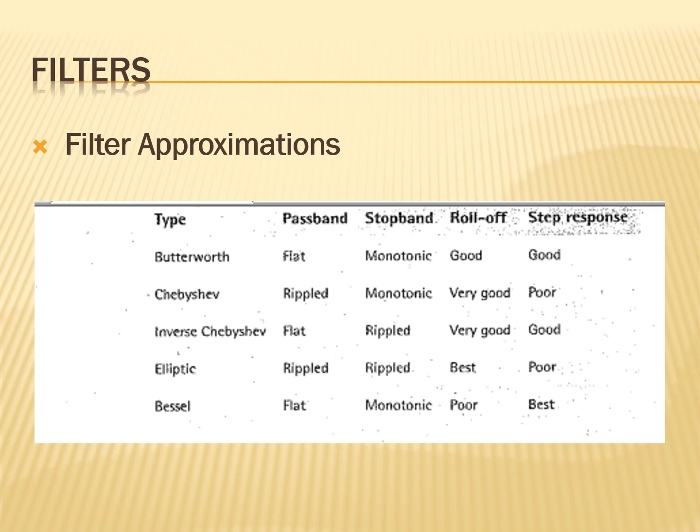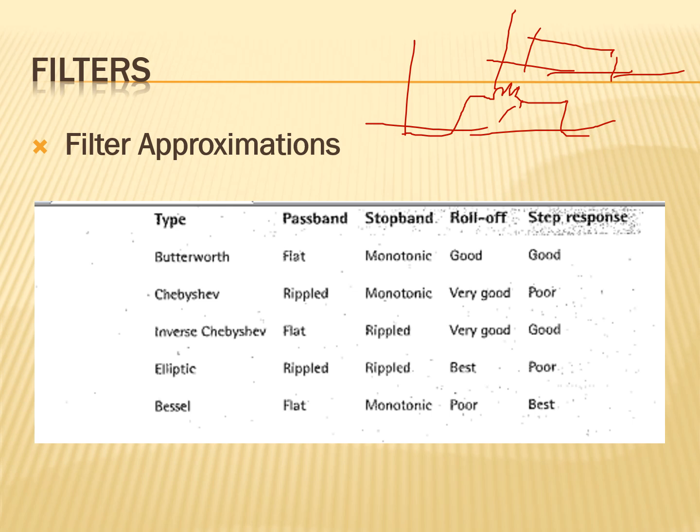So this is true with other filters, for example, for high pass filter, for band pass filter, for band stop filter. So if it has ripple in the pass band like that one, or if it has ripple in the stop band like that, that is the same.